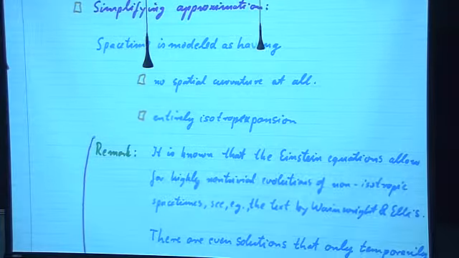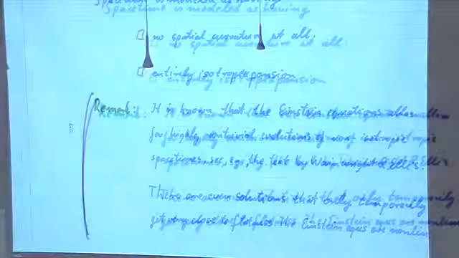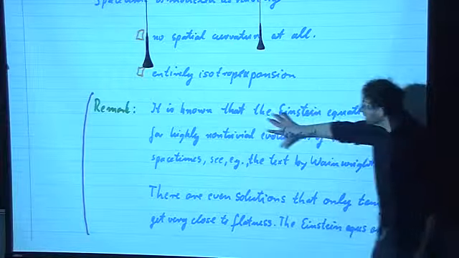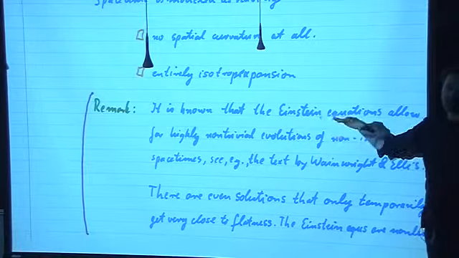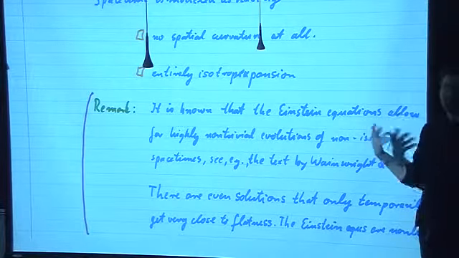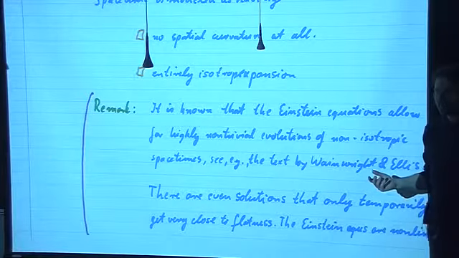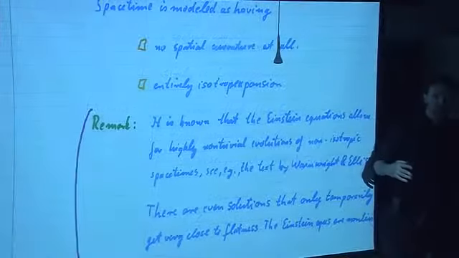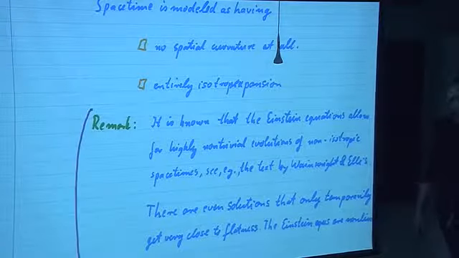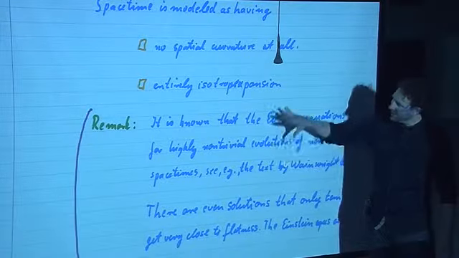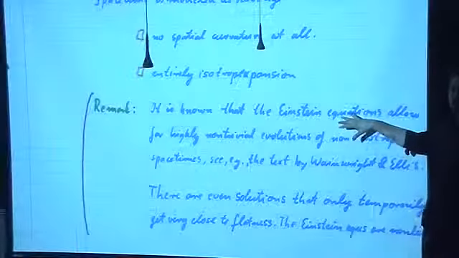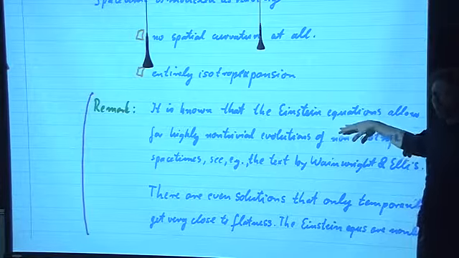You might think that, well, yeah, that's a good approximation, but it turns out that because the Einstein equations are nonlinear, you can have rather counterintuitive features. Unlike for a regular theory that would be linear, like quantum field theory, the Einstein equation has highly non-trivial solutions.